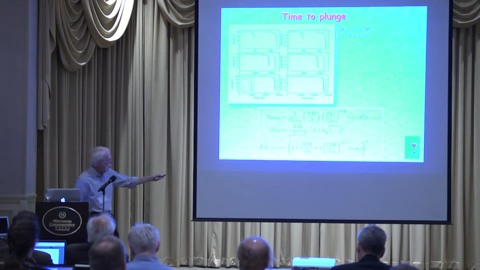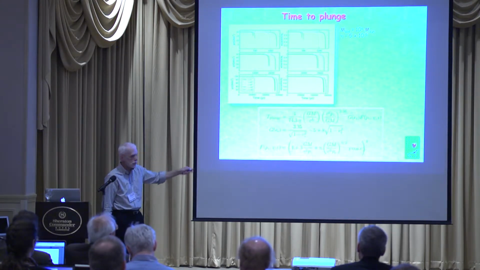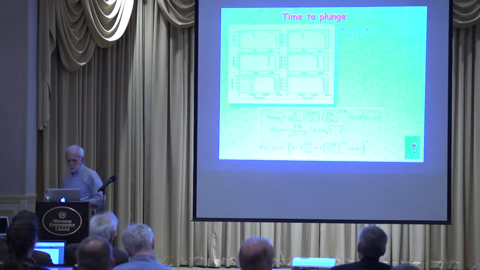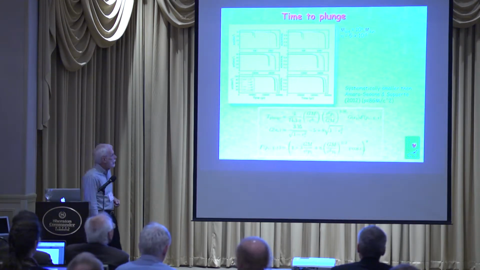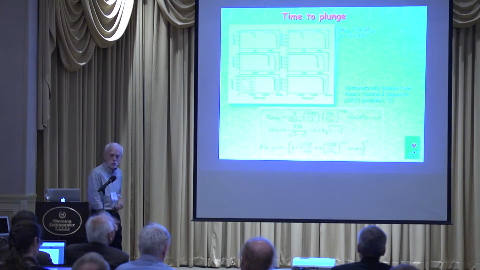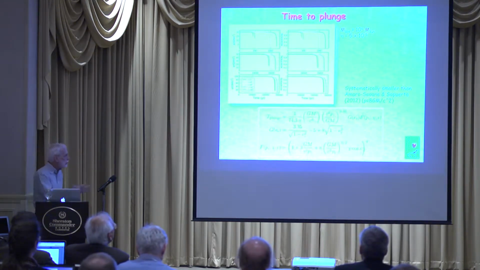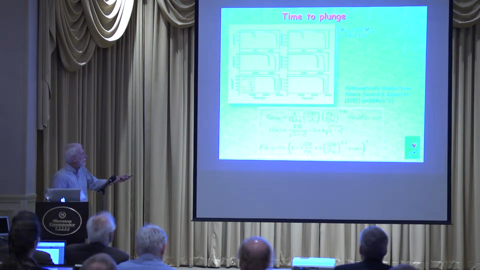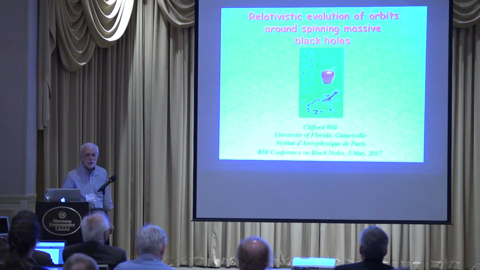I could describe the hypergeometric function that leads to that specific dependence on the eccentricity, but that would be too boring. So I've tried to provide a quantitative link between the nature of stars in a central cluster that are coming toward the black hole because of stellar perturbations and the final state just before they plunge, giving you some idea of what the time scales and the properties of those orbits might be.